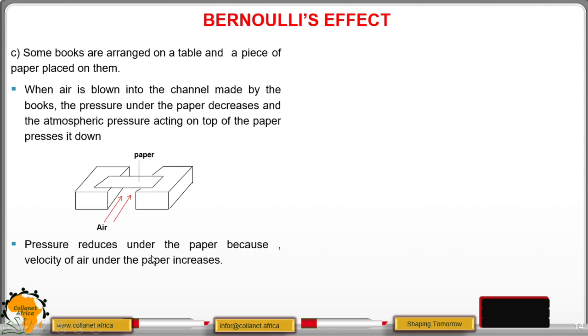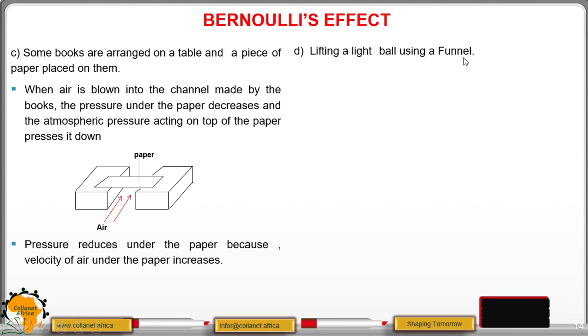Pressure reduces under the paper because the velocity of air under the paper increases. Therefore, the higher pressure above this paper will press it down.